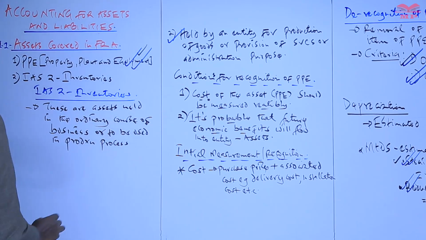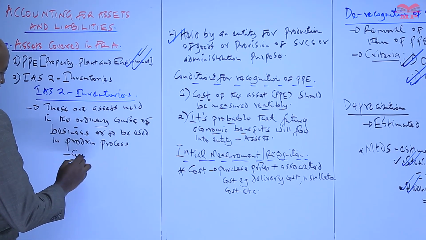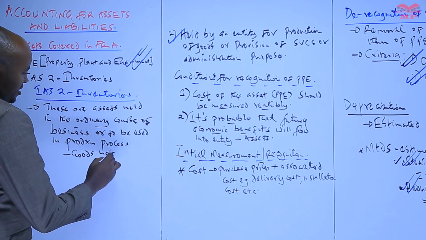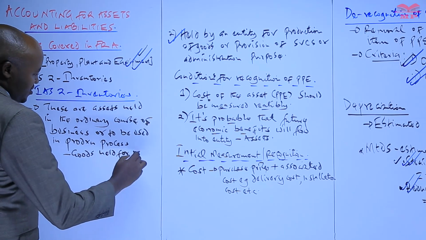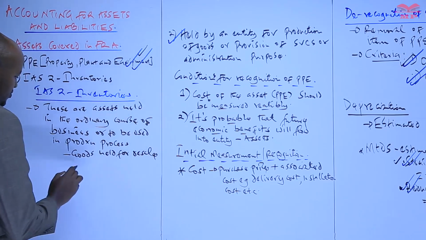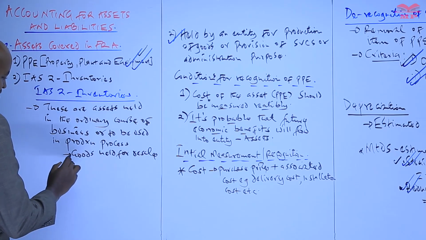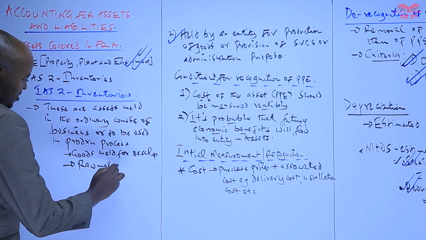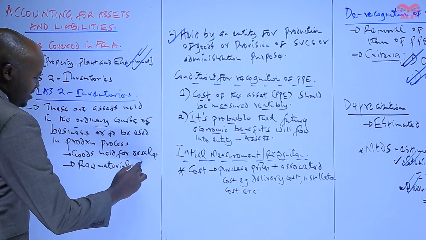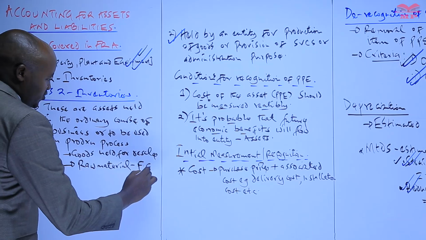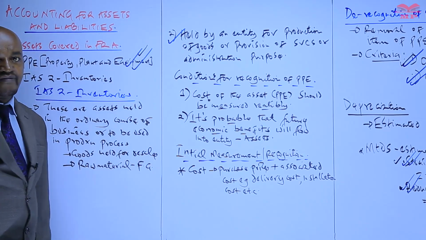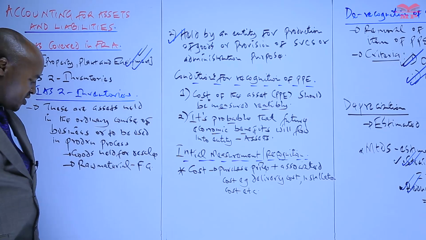And therefore, this includes goods meant for resale, goods held for resale, and this will also include raw materials which are held by an entity for them to be converted to finished goods. So therefore, that is the definition of inventory.